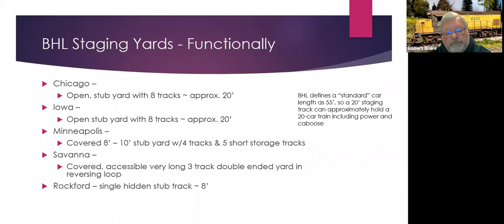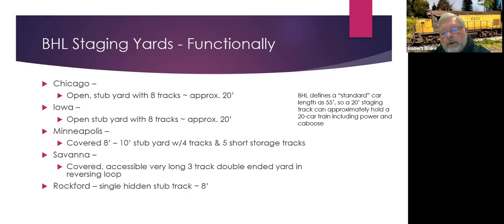I'll show you that in a minute. And then Savannah is covered but is very accessible. It's actually 3 very long tracks in a double-ended yard within a reversing loop. And finally, Rockford is a single hidden stub track of approximately 8 feet. And that's just used to hold a single train.